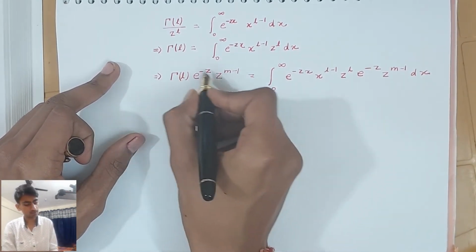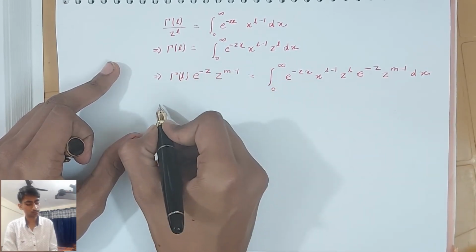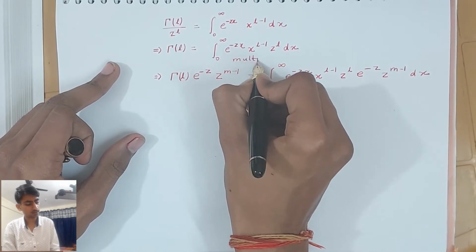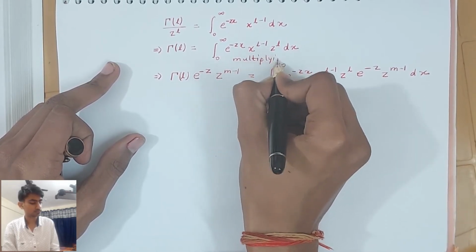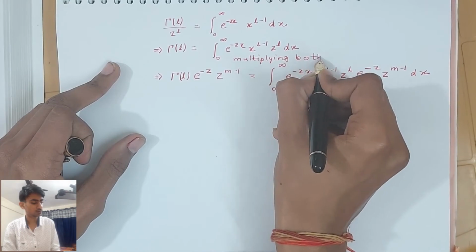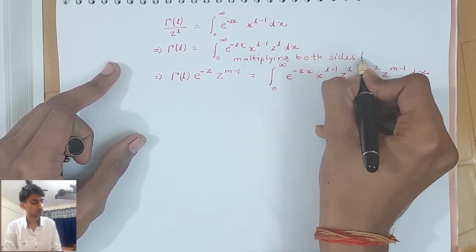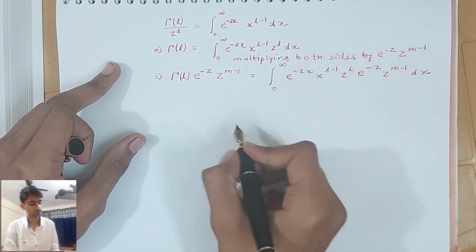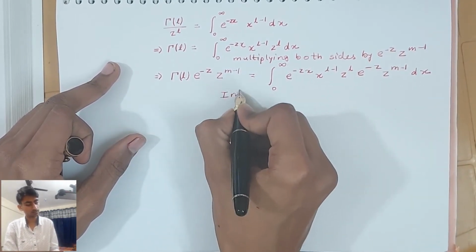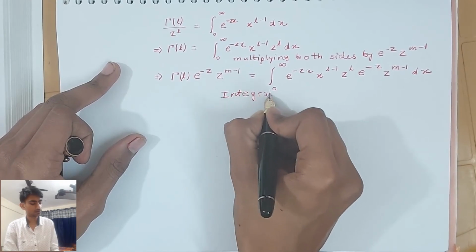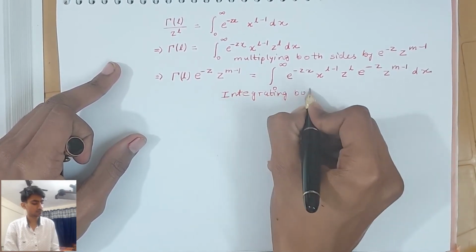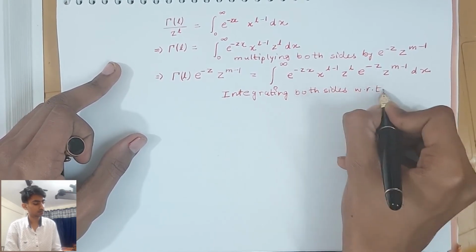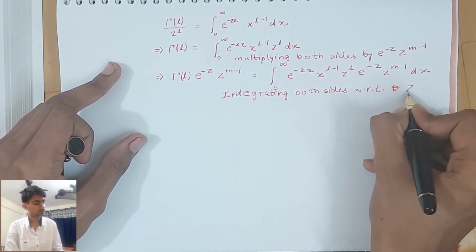Then I would integrate both sides with respect to z. So let's write it over here: multiplying both sides by e to the power minus z, z to the power m minus 1, and integrating both sides with respect to z.